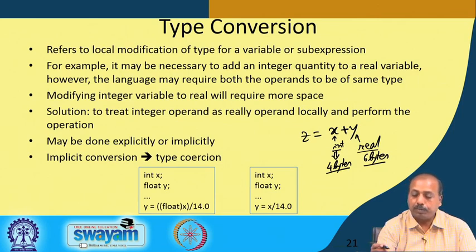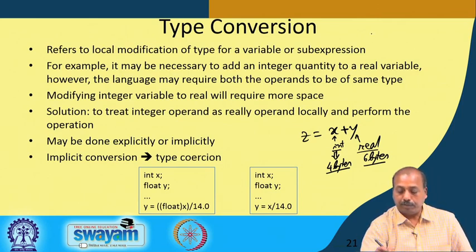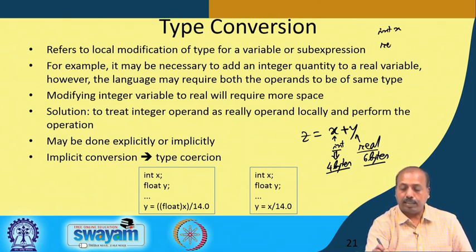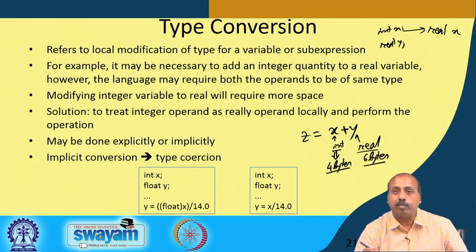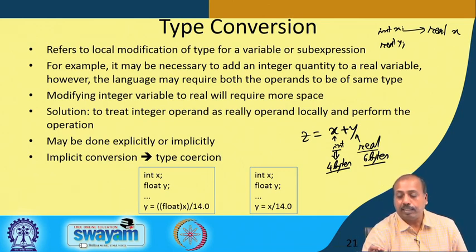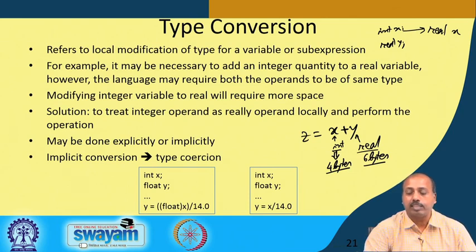One option is that you have defined integer x, real y in your program. What the compiler may do is convert the type of this x to real. That way it will always take x as a real variable, but the difficulty is that for the entire program, this x variable's representation will be 6 bytes.